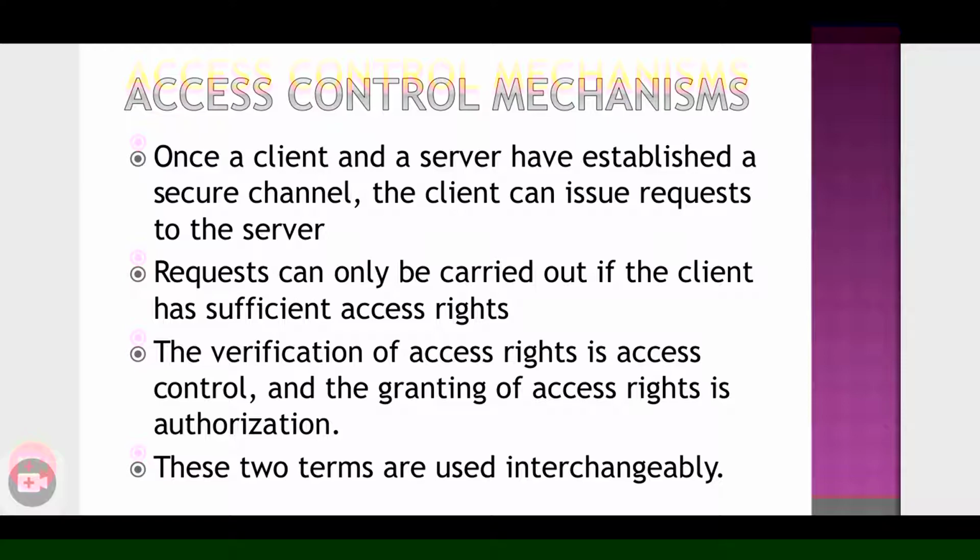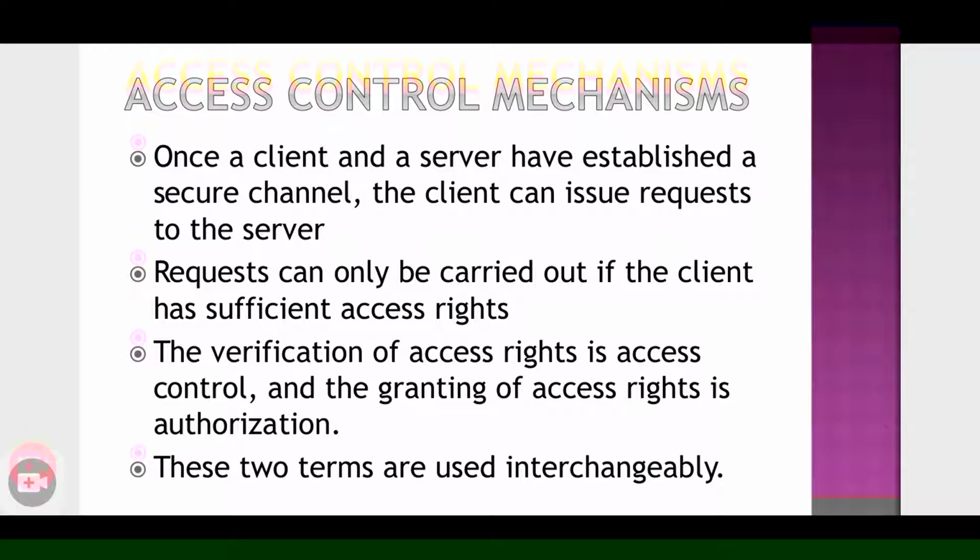After verification, the authority will grant the access right. That is known as authorization. That client is an authorized person for accessing that particular service from a server. These two terms are often used interchangeably. So what is access control? Access control is the verification of access rights. What are access rights?